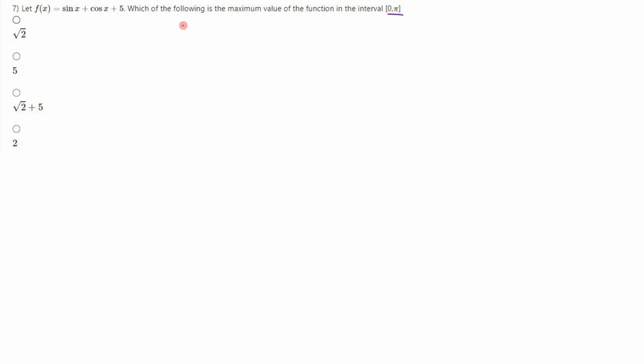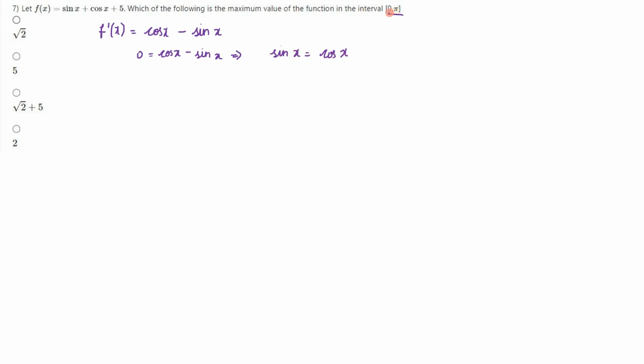First step is differentiation of the given function, that is f dash of x is nothing but differentiation of sine is cos, cos is minus sine, constant is 0. Alright, so if we equate this to 0, we'll have 0 equal to cos x minus sin x. It is nothing but sin x equal to cos x.